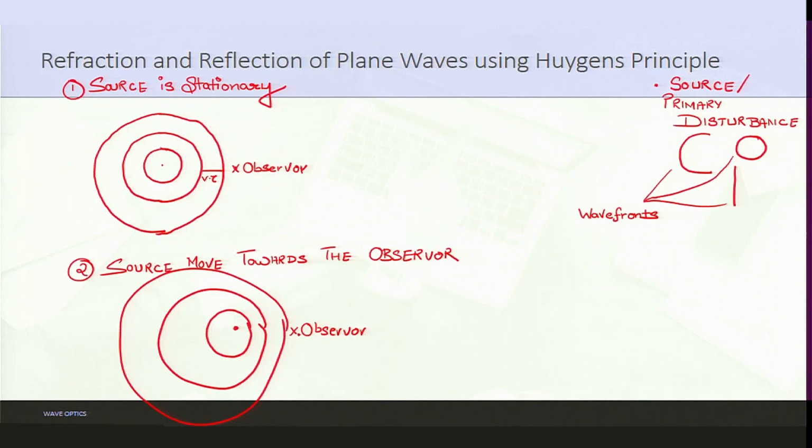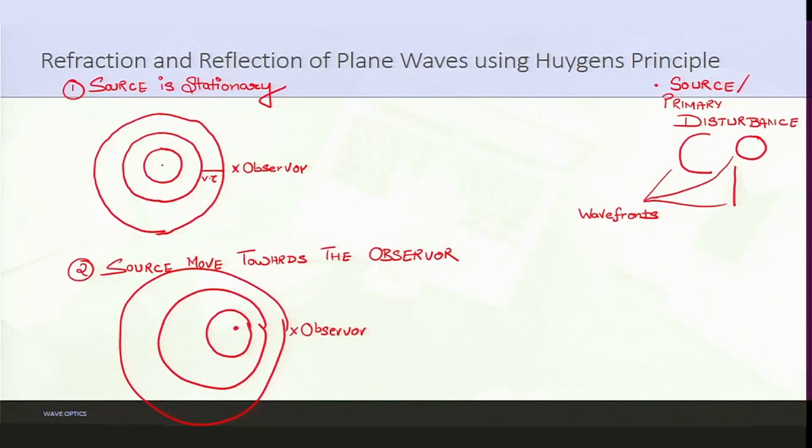Now, when the source moves towards the observer, the amount of time required for that voice to be heard, when each wavefront reaches the observer, will be less, as can be seen from the observer. Hence this can be attributed in this way, that the frequency is being increased. So, this is nothing but the procedure of how the Doppler effect is happening.